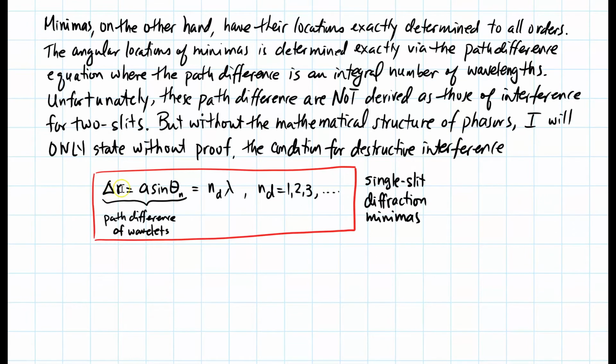That is, if I have a path difference of a sine theta, then I'll have destructive interference when I get an integral number of waves where ND is equal to 1, 2, 3, etc. And this path difference is that of wavelets, not of waves.